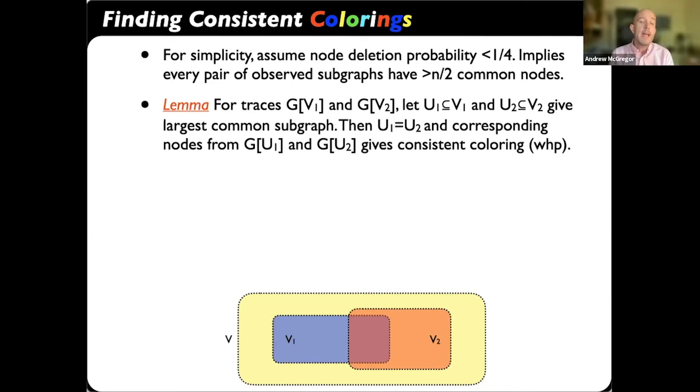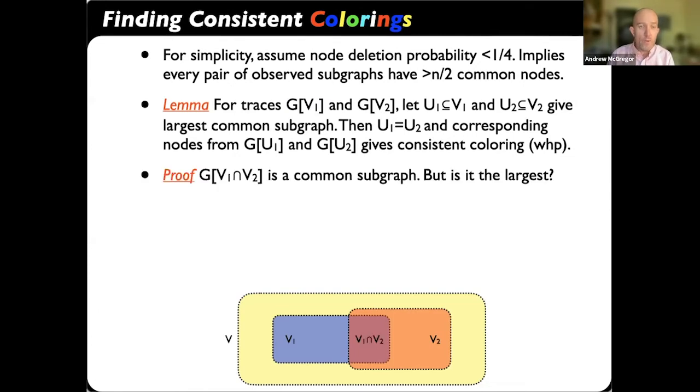What this lemma is saying is that with high probability, U1 and U2 correspond to the same set of nodes, and it's exactly the set of nodes in the overlap of V1 and V2.